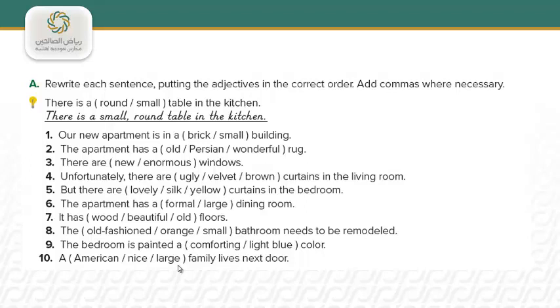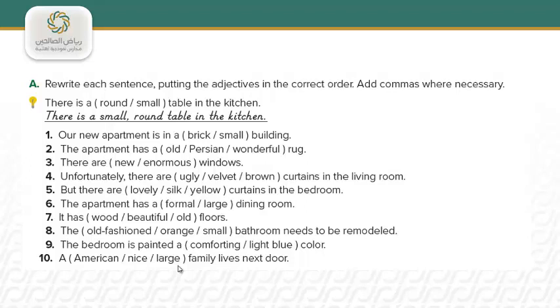What about the second one? The apartment has a old Persian wonderful rug. What do you think? Is there an adjective for opinion here? Sure there is. Wonderful. And then old or Persian, what do you think? Think it over. Refer again to the order.